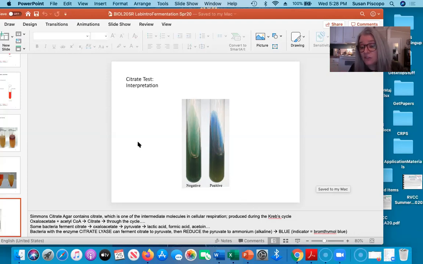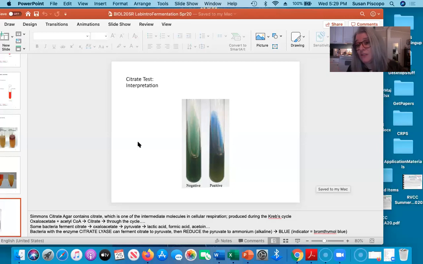This agar, this citrate agar, comes in the form of either a slant tube, or you can also put it into a plain old agar plate. I see it more often in the slant tube, though. You don't need to grow a whole lot to get a result, so most people just streak a slant tube and then read it. And what we're looking for is, again, a color change. And the color change we're going to get in a positive reaction is blue.